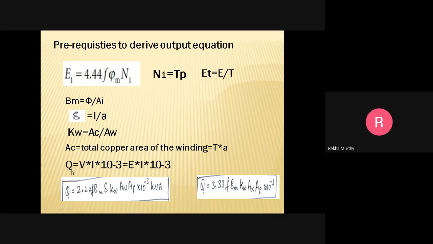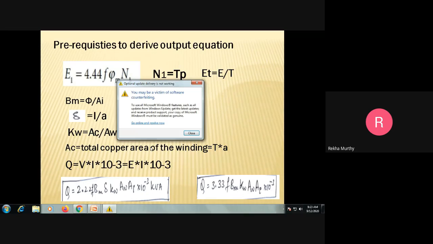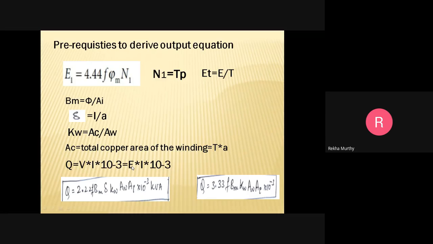That is Q, the output of the transformer. The V will be denoted as the EMF induced, capital E, so it becomes E into I into 10 power of minus 3. For the primary, it is VP into IP, which becomes EP into IP. You have to take care of suffixes from now onwards. No need to write 1, 2. If it is primary, the suffix is P; secondary is S.